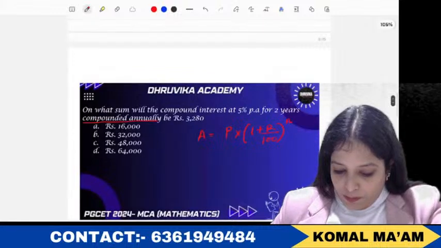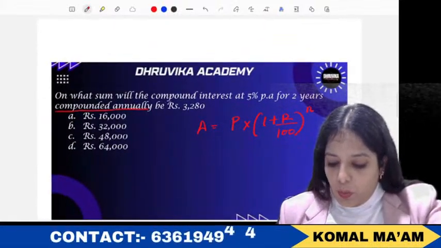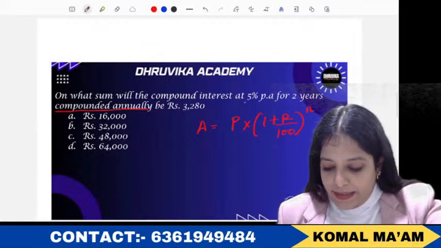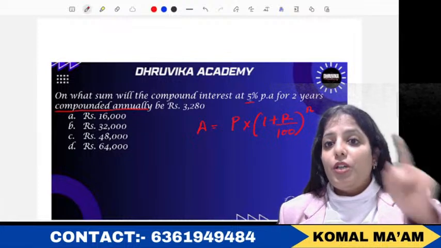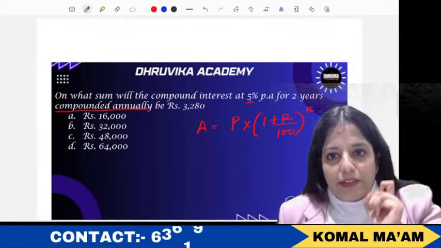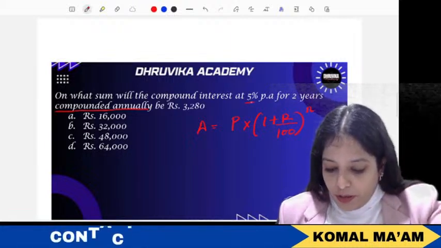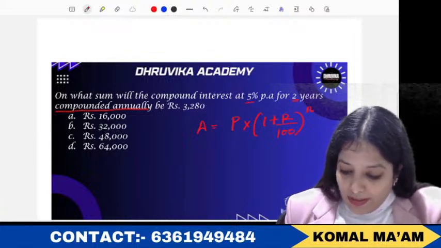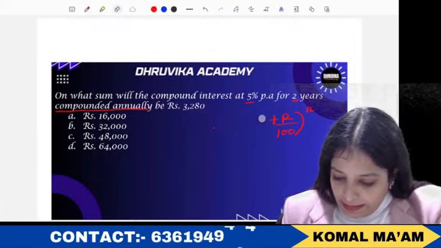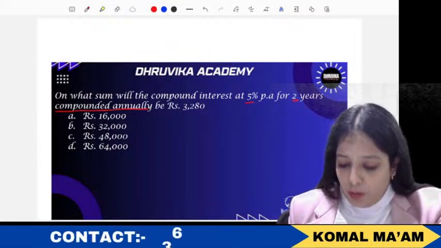Okay, now coming back to the question: on what sum will the compound interest at 5%, yes, you remember, we write 5% in the fractional form as 1 by 20, for 2 years compounded annually be rupees 3280? So this has been directly given as CI, so we'll use the direct formula of CI.